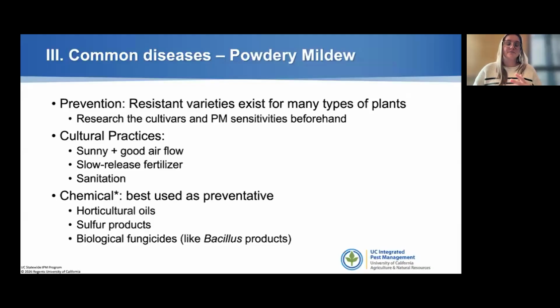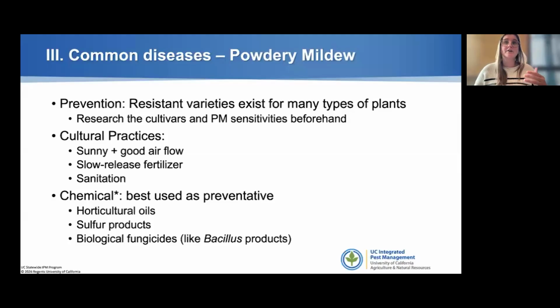Now, for dealing with powdery mildew, for the most part, there's resistant varieties depending on the types of plants that you are looking at. The different cultivars can have different sensitivities to powdery mildew, and so that's a good route to go if that is available in that crop.